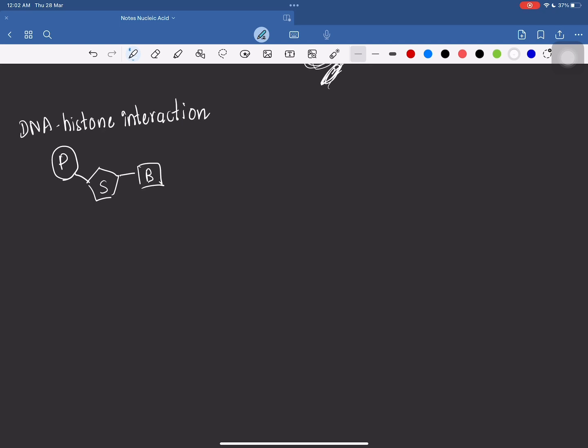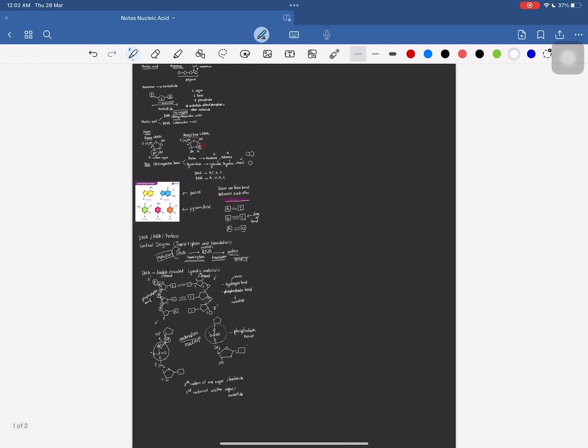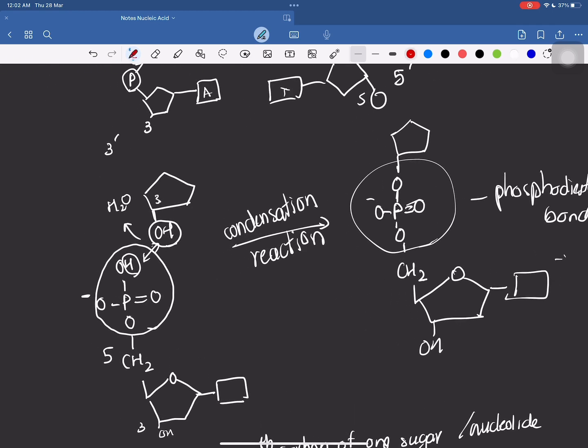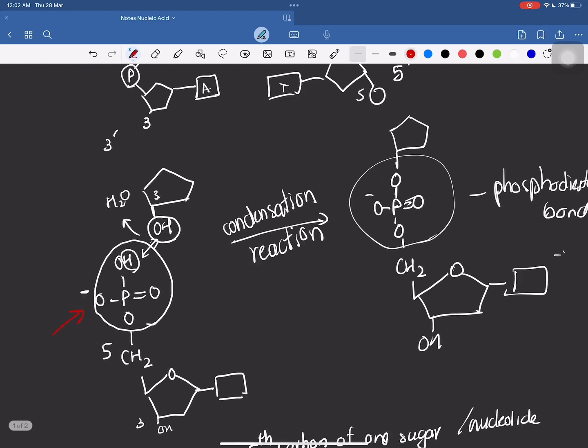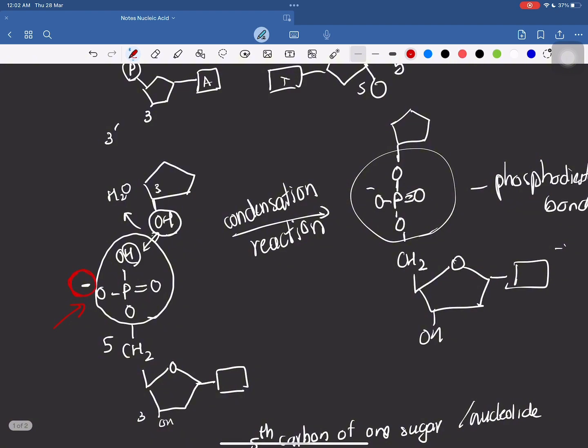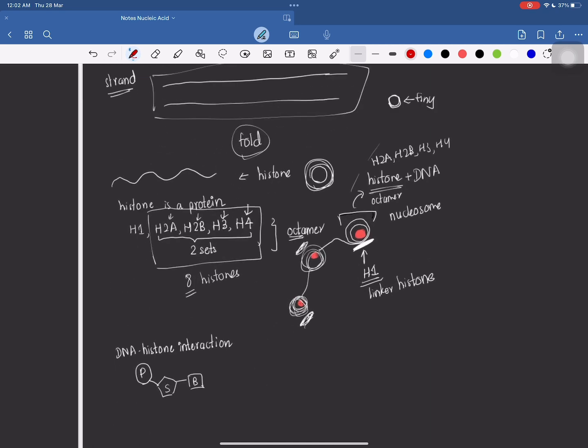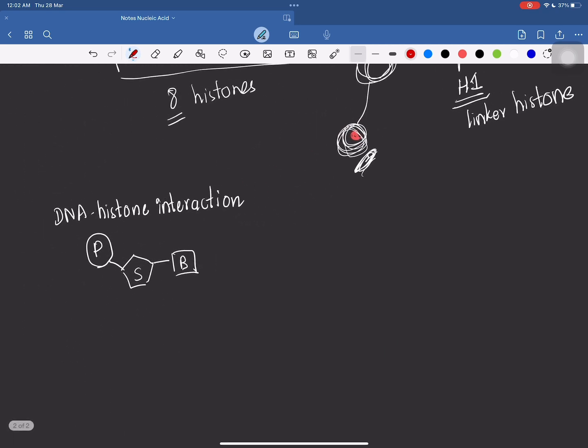Let me go back to last week's one. Do you guys remember here that I drew negative charge? The DNA's sugar phosphate backbone is negatively charged because of the presence of phosphate.